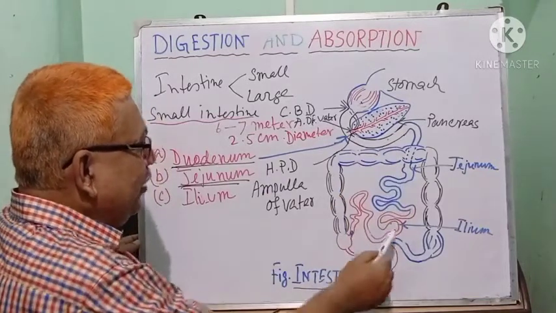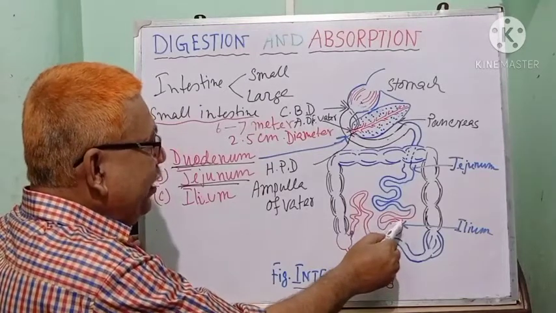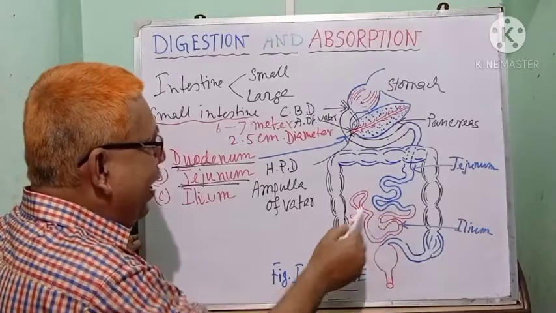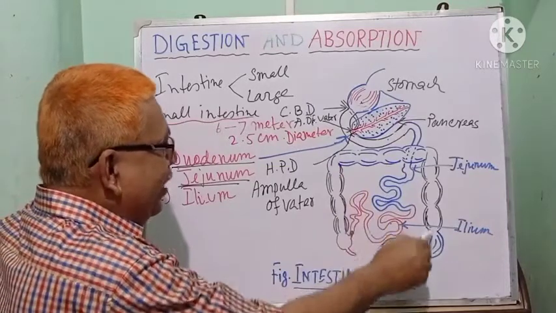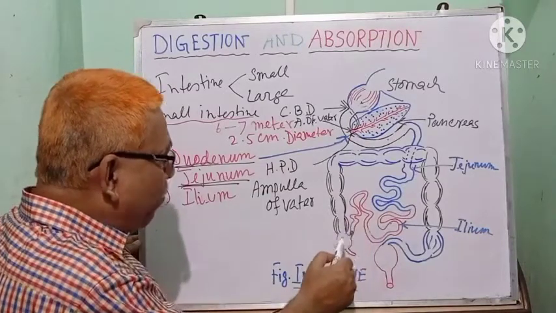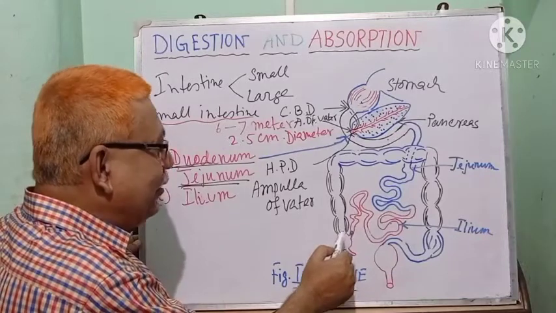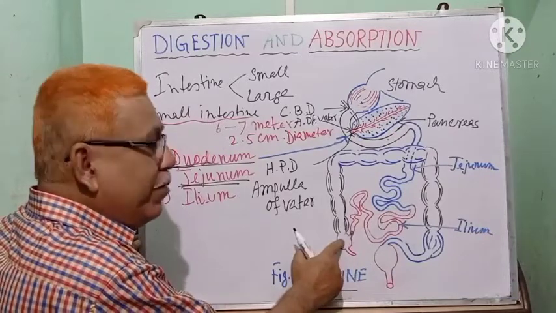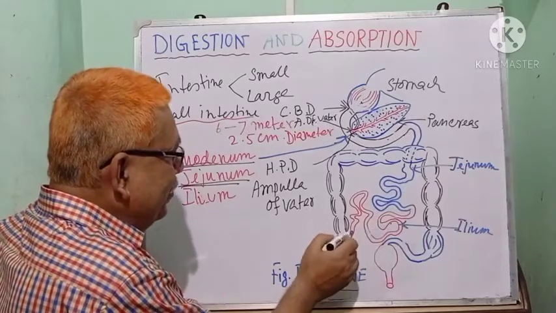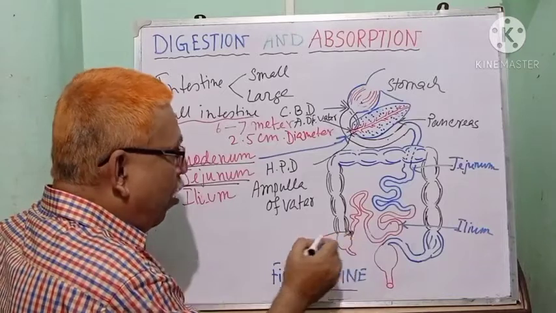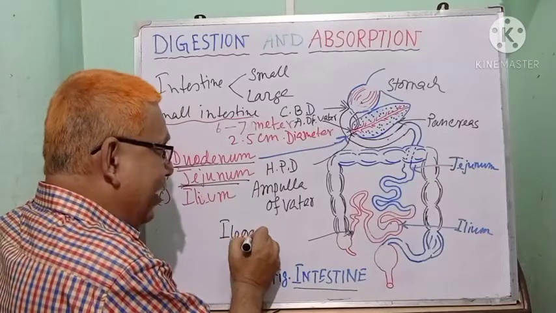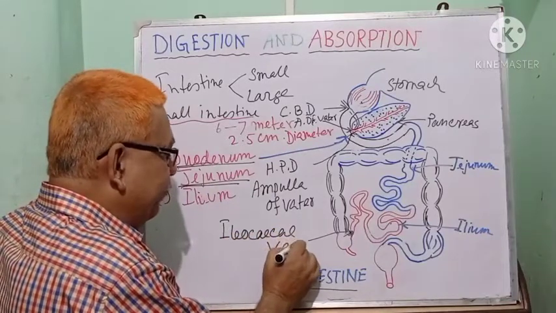And next ileum. This ileum lies in between jejunum and large intestine. This is large intestine, and this ileum opens into the cecum of the large intestine through this valve, and this valve is called ileocecal valve.